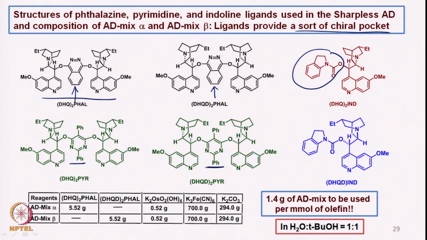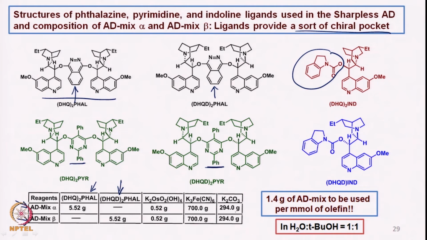What is also found is that if one takes the chiral ligand of any one of these types, say in this case phthalazine is 5.52 grams, and then 0.52 gram is that osmium salt, and then potassium ferricyanide 700 grams and potassium carbonate is 294 grams. This particular combination of salts is known as AD mix alpha, and the other one in which this is different is known as AD mix beta.